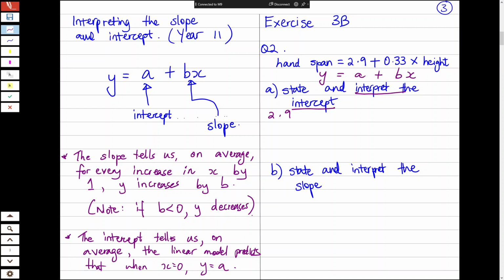So what are you going to write? On average, when which variable is 0?